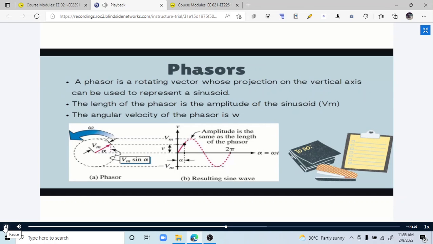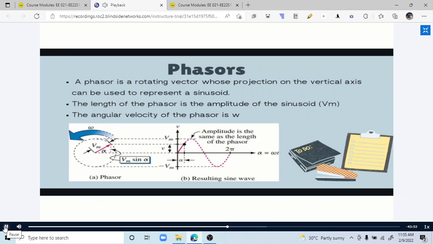The length of the phasor is the amplitude of the sinusoid, or the maximum voltage or maximum current of a sine wave. Now, the angular velocity of the phasor is the omega.